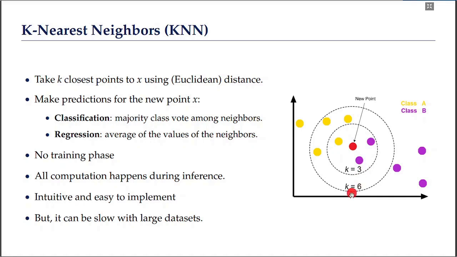Similarly, for k equals 6, we can consider the average value of all these 1, 2, 3, 4, 5, 6 points. So the predicted value for this point would be the average value of the 6 points.